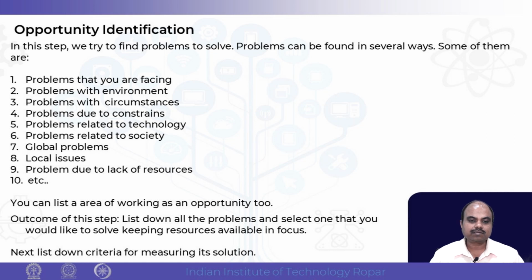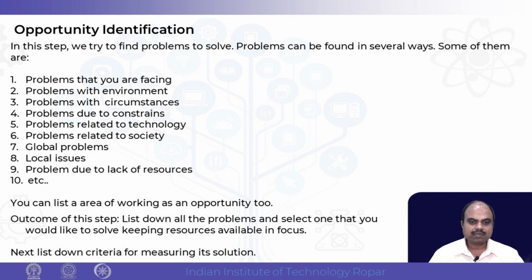So this can be a problem. Global problems: climate change is a global problem, security is a global problem, food security is a global problem. Local issues: for example, some cities may have very high emissions. Then lack of resources is another big issue.